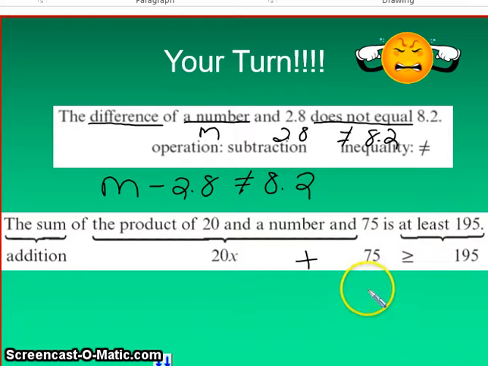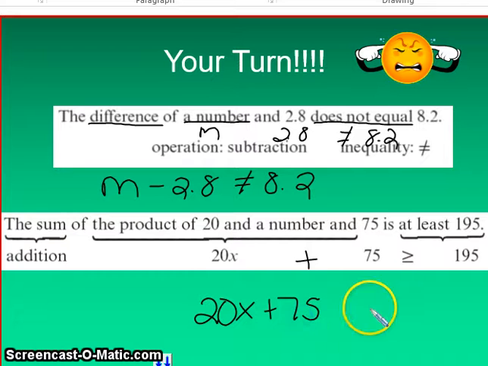Now, we don't have an inequality symbol for at least, right? There's no inequality symbol that's called an at least symbol. But if the least it is 195, then that means it must be greater than 195, or it could be equal to, because it has to be 195 or bigger. So to translate this into an algebraic expression, we'd say 20x plus 75 is greater than or equal to 195. So whenever you see at least, that means you're going to use greater than or equal to.